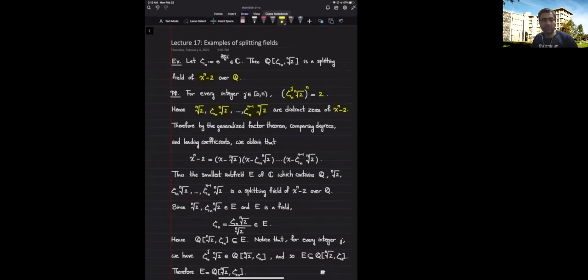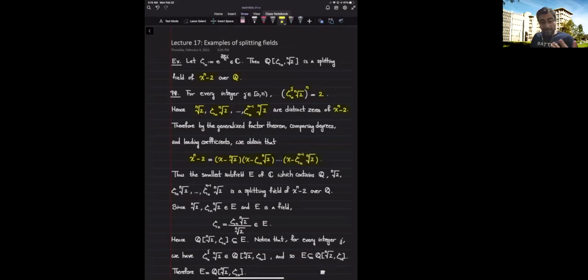X to the n minus 2 is a monic binomial. So by a combination of the generalized factor theorem, comparing degrees and leading coefficients, we obtain that x to the n minus 2 is the product of x minus the nth root of 2, x minus zeta sub n times the nth root of 2, and so on.